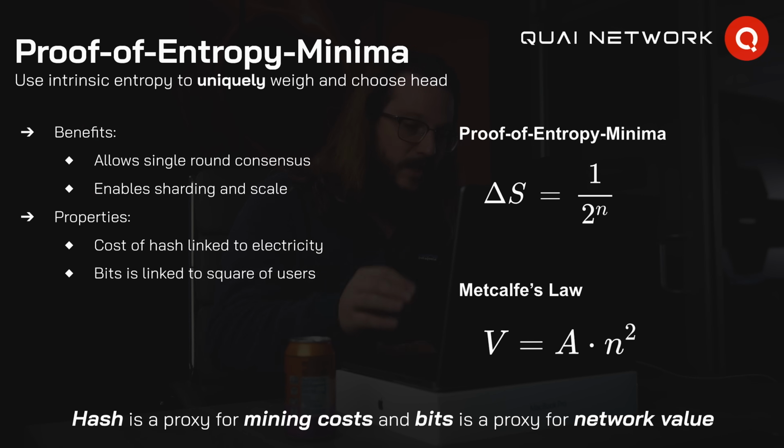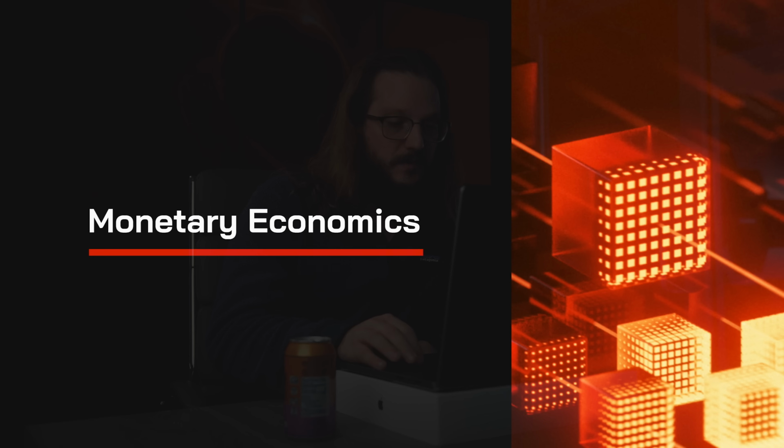So hash is a proxy for mining cost, and bits is a proxy for network value. So that's an overview of the technical mechanisms that we use to scale. And like I said, there's whole presentations that deep dive on each one of those. But for now, we're going to move on to monetary economics.